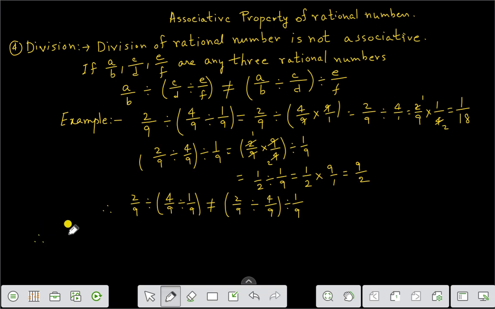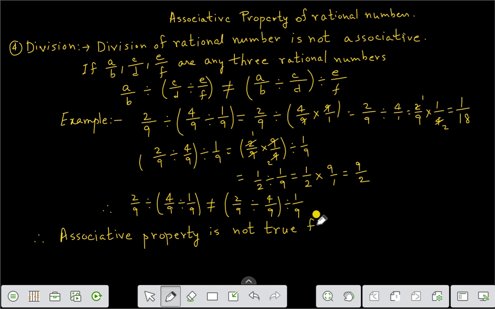Therefore, we can say that associative property is not true.